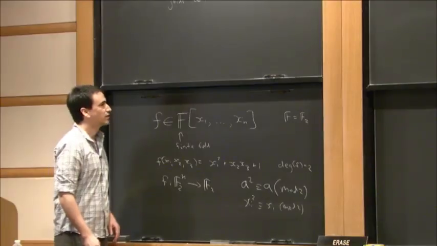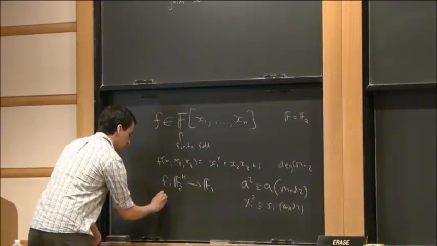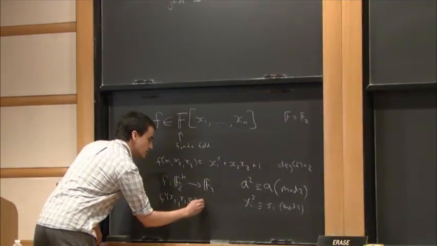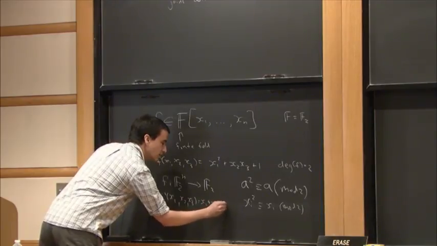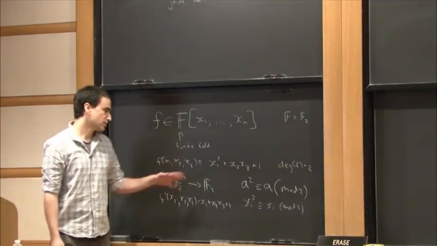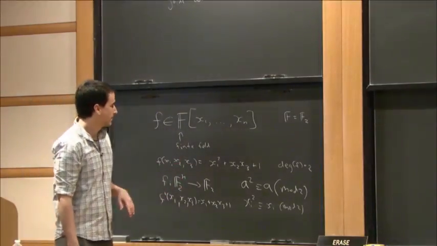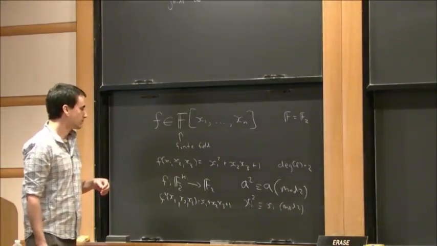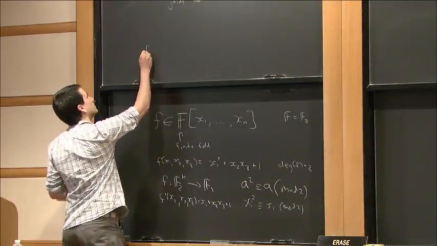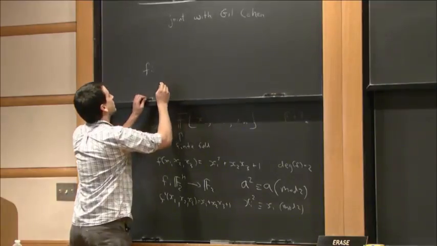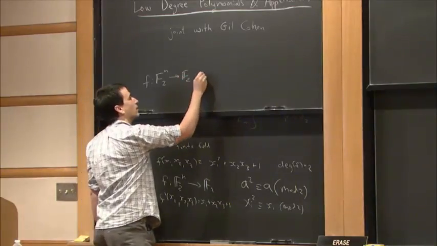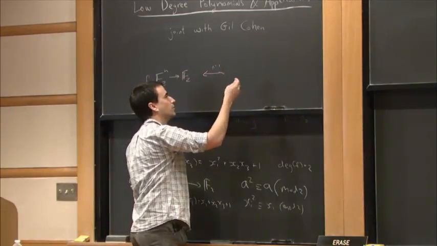So actually we can write f prime to be x1 plus x2, x3 plus 1. So these two polynomials compute the same function, although they are not the same polynomials. Okay, and there is a one-to-one correspondence between Boolean functions and multilinear polynomials.